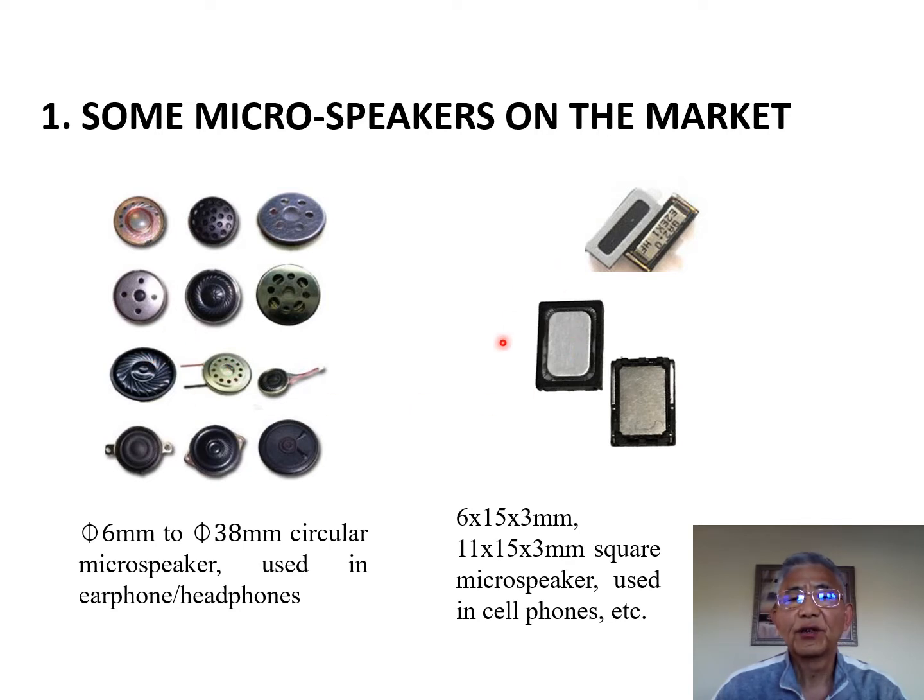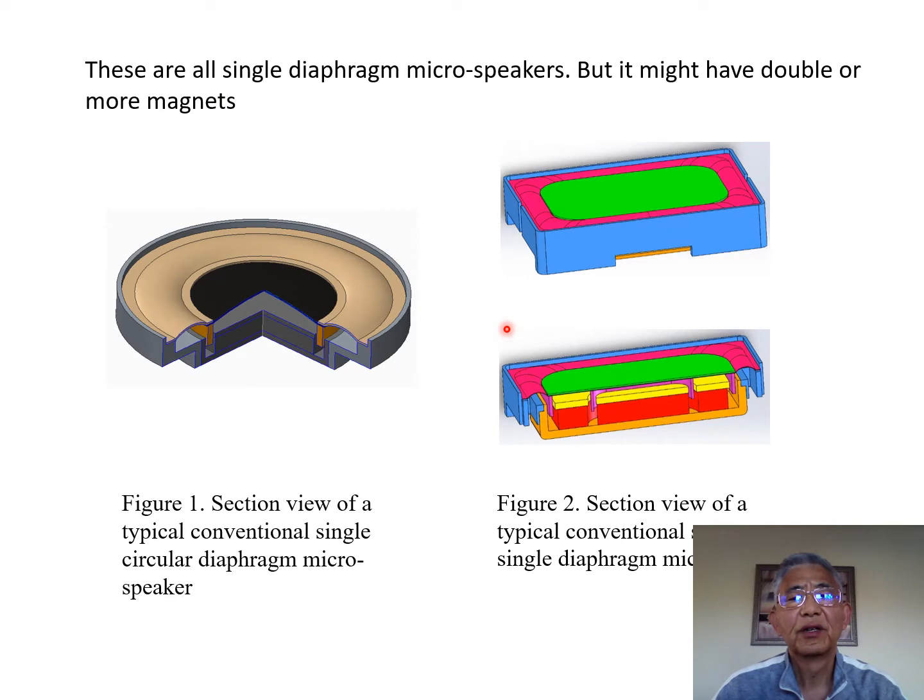And this is the round rectangular shape micro speaker. This can be found in many cell phones. These are all characterized as single diaphragm micro speakers.